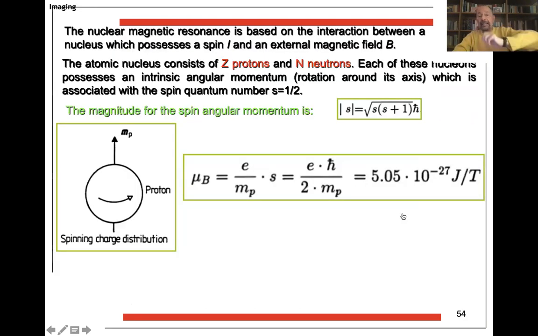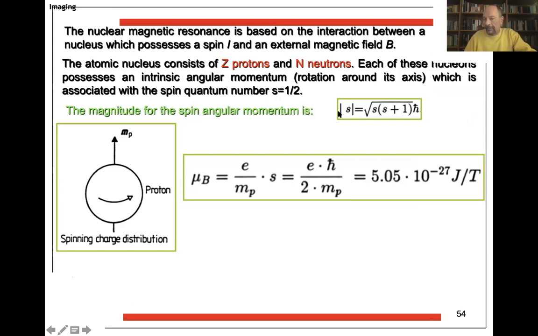So the idea here originally was called nuclear magnetic resonance, because it is actually the resonance of the spin of the nucleus. So it is known that every nucleus has a spin, and the nucleus has Z protons and then neutrons, and each nucleon, of course, has an intrinsic angular momentum, which is associated to a quantum number.